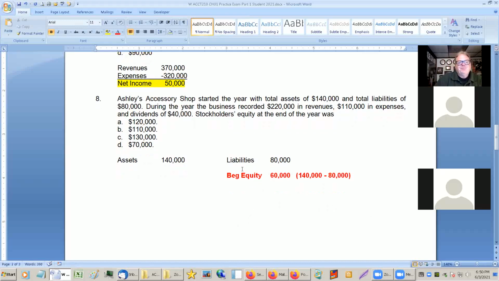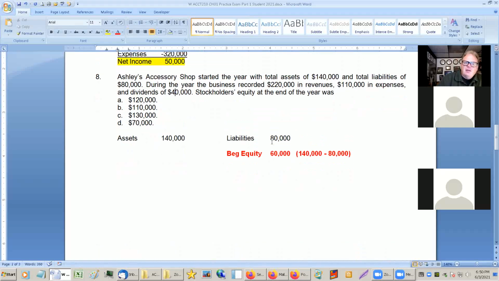Okay. So at the beginning, they said during the year they recorded 220 of revenues and 110 of expenses and paid dividends of 40. Now, what was it at the end of the year? So this is kind of the statement of retained earnings basically, because this can be the income.